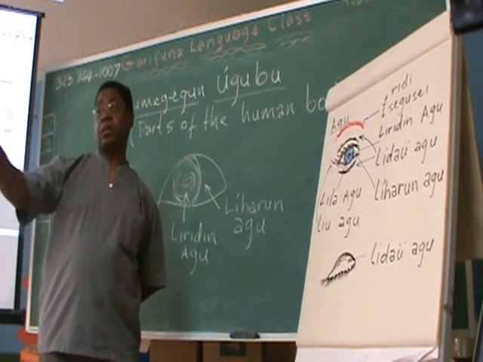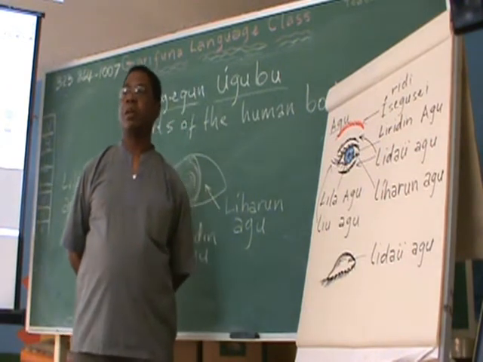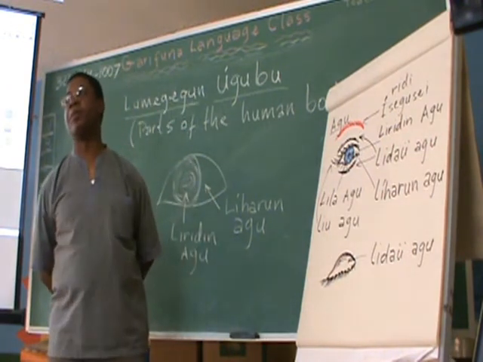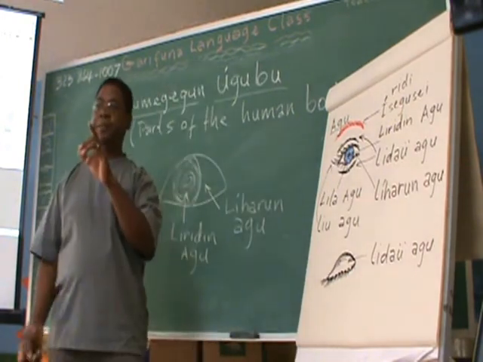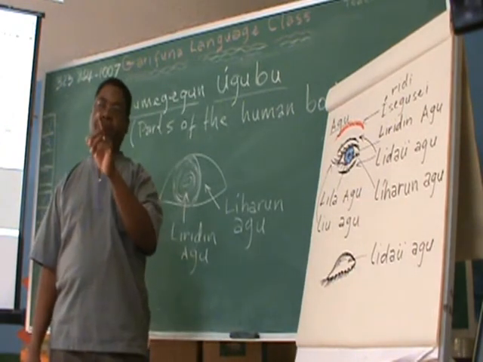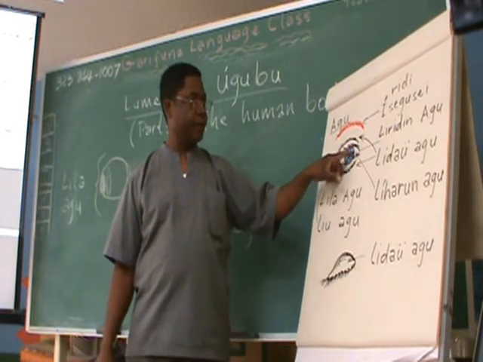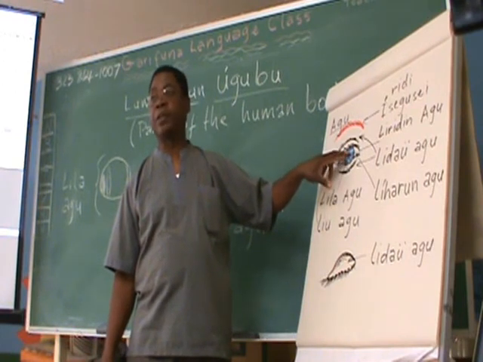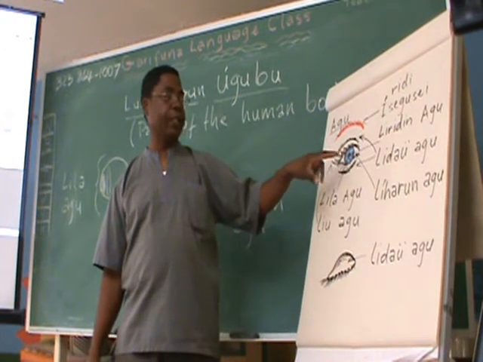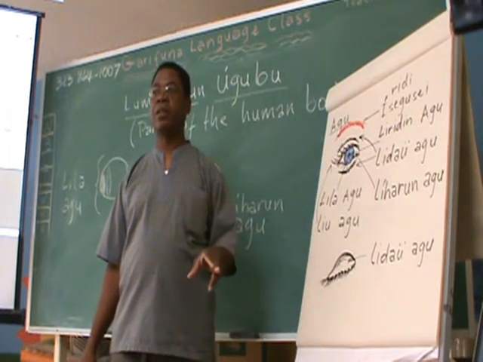Actually, the ball, liharu. I'm sure we understand all of those make up lila agu. Let me make a correction, right? When you see the eye, the black part of the eye, without going into detail of the component of that part, the name of that is Liridiagu. Also, it's the whole black part?